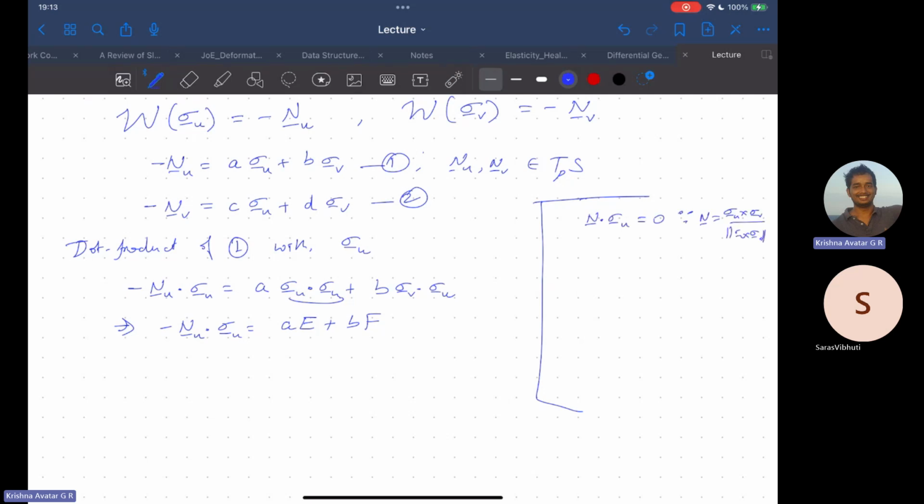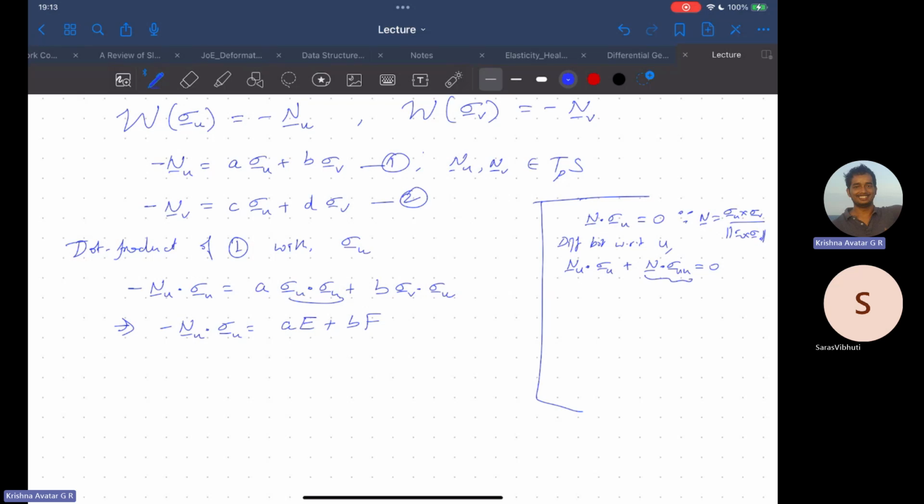So of course the dot with sigma u is going to be 0. Now differentiate both sides with respect to u. Then what happens is nu dot sigma u plus n dot sigma uu is equal to 0. So far so good.